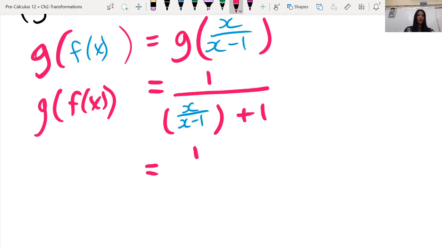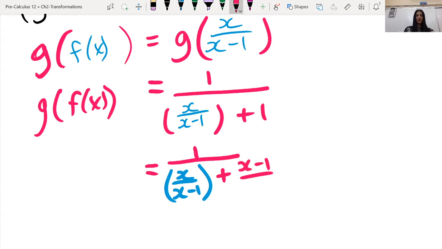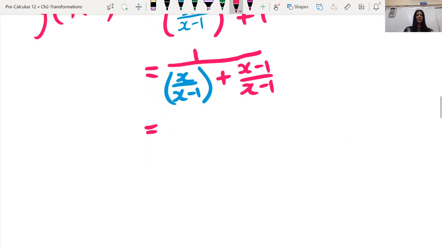So if we have x over x minus 1, we can rewrite this plus 1 to make it x minus 1 over x minus 1. Luckily it was just a 1, because that makes it nice and easy to work with. So by doing that, we have a common denominator.